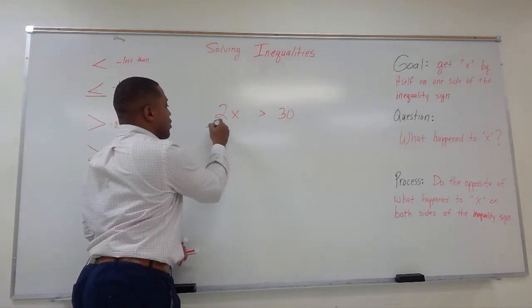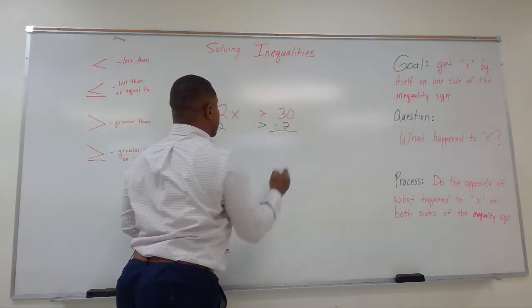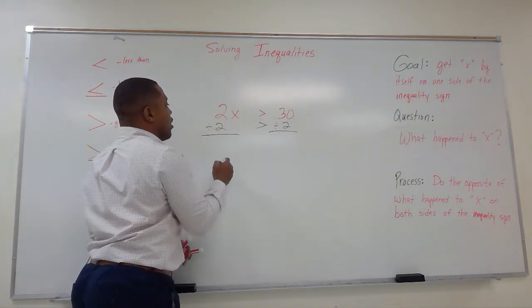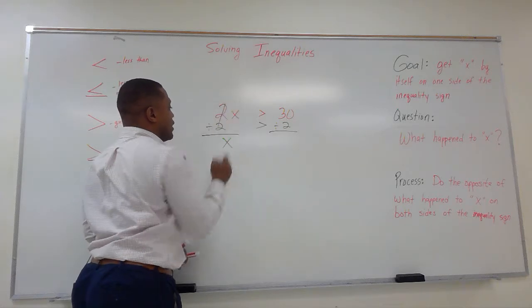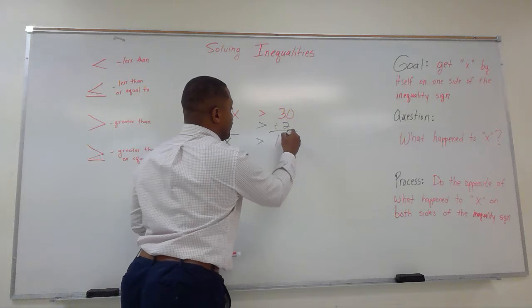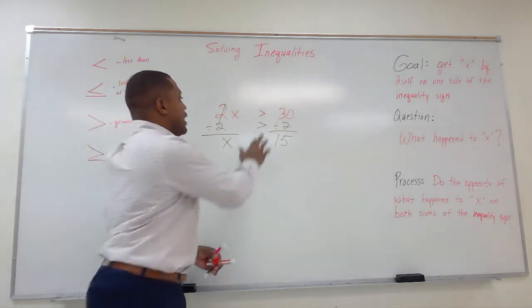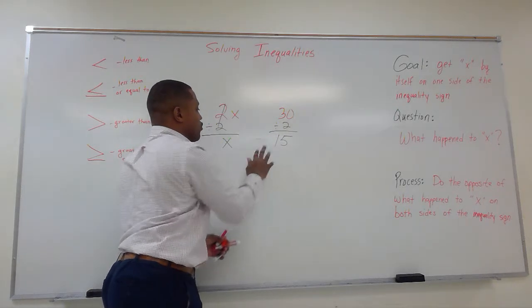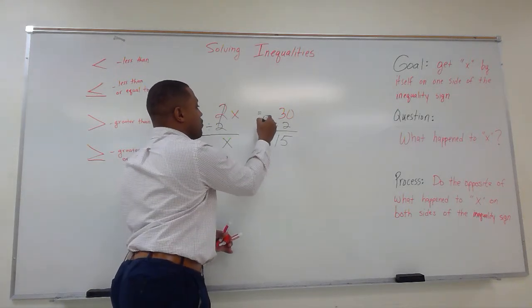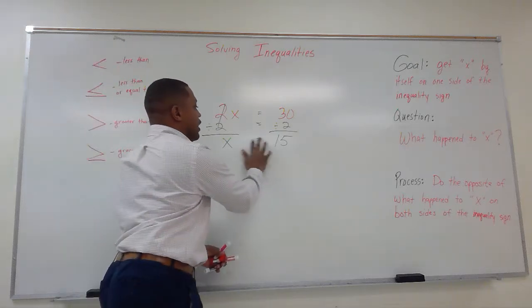So I'm going to divide by 2 on both sides of the inequality sign. That's going to leave me with x is greater than 15. If I had equal signs here, that would all be the same, okay?